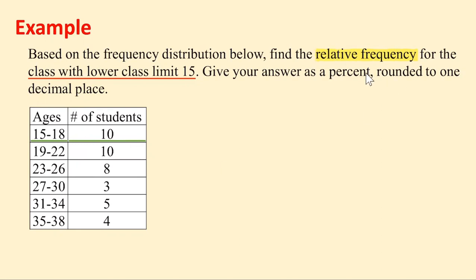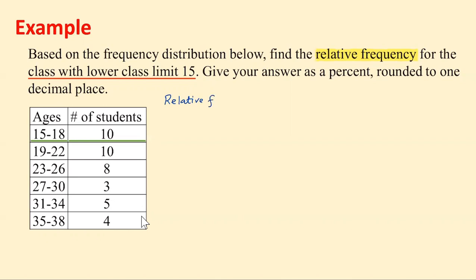First, we need to know what relative frequency is. When we say relative frequency, it is the ratio of frequency to the total number of observations. So let me write that definition here.